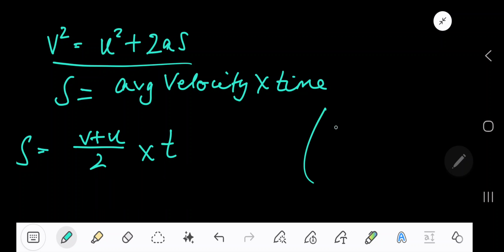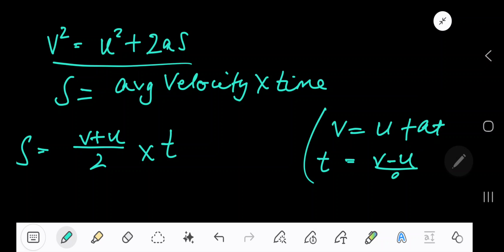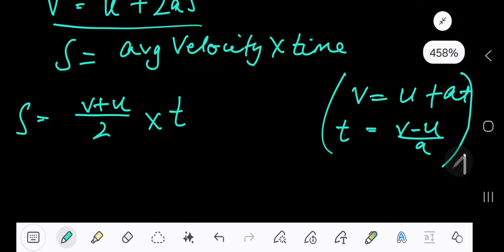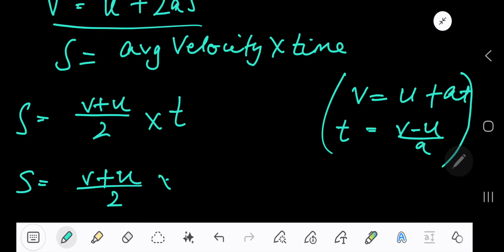From our equation v equals u plus at, when we find the value of t, we get v minus u by a. So t is v minus u by a. When you sub that in over here, s would be equal to v plus u over 2 times v minus u over a.